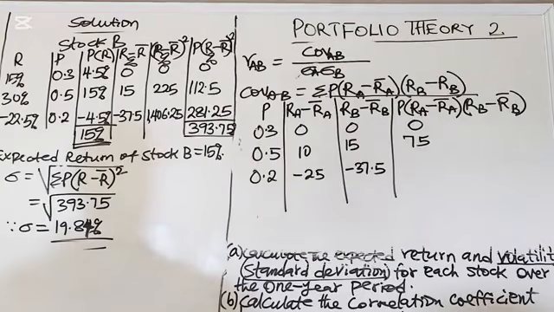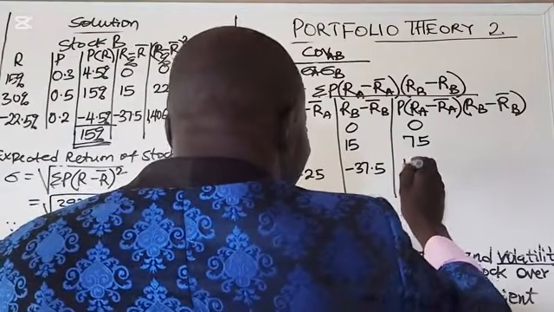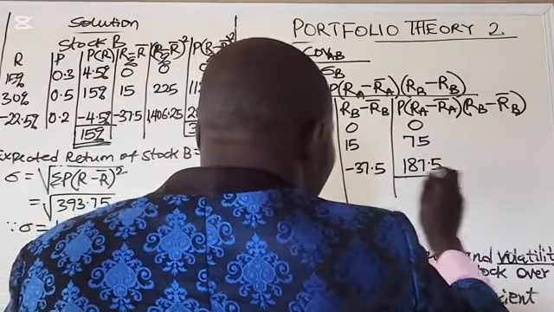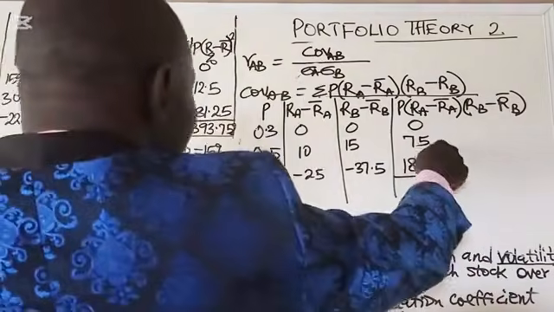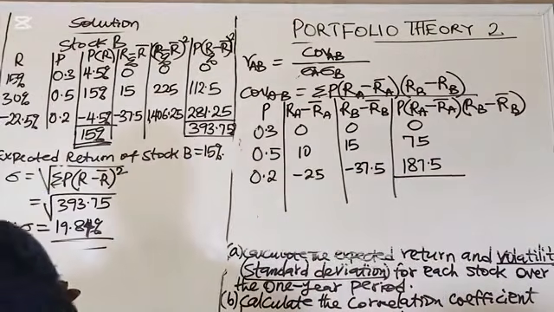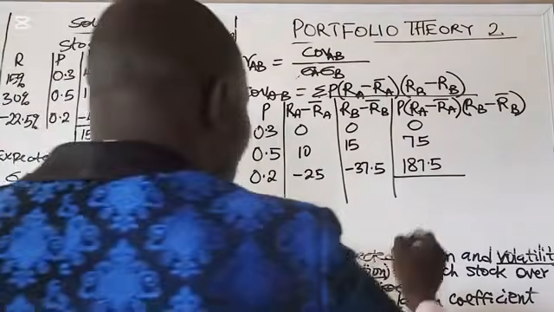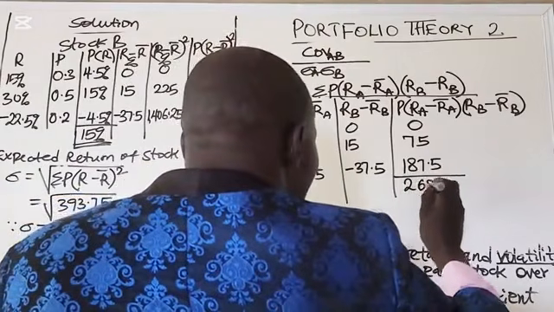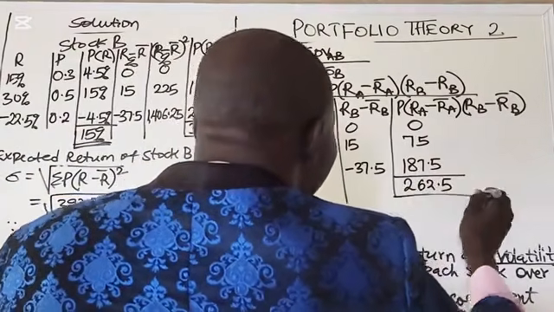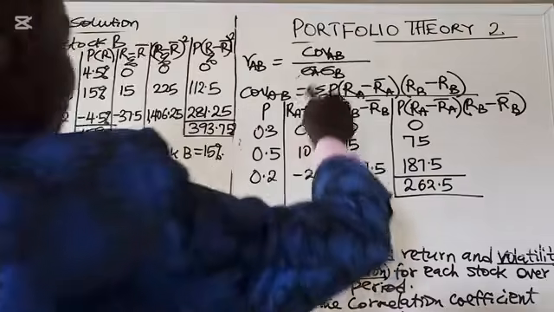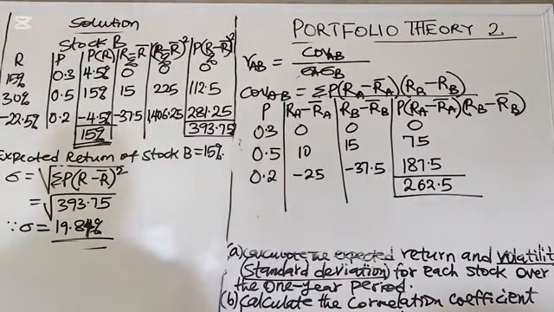This gives us 187.5. If you sum up the three results, it is 0 plus 75 plus 187.5, then you have 262.5. That is the covariance of the two stocks.